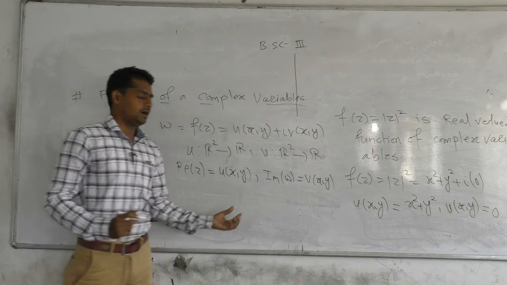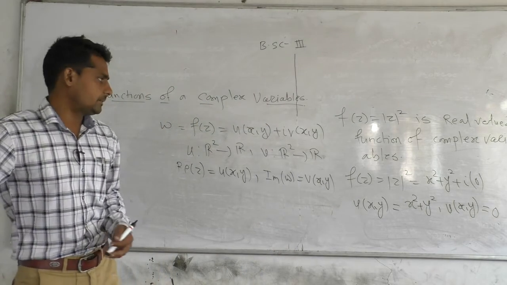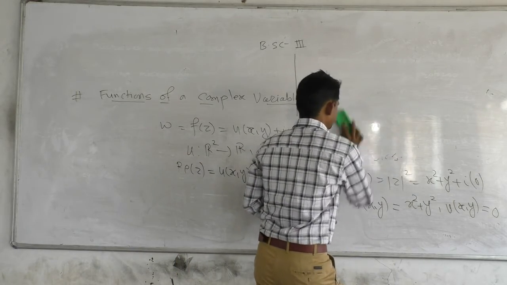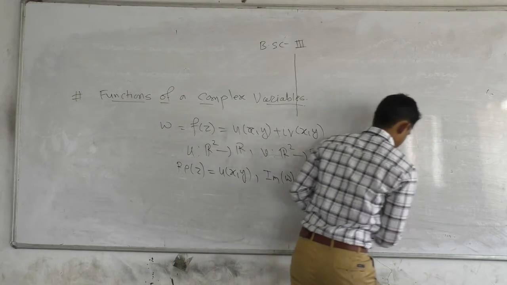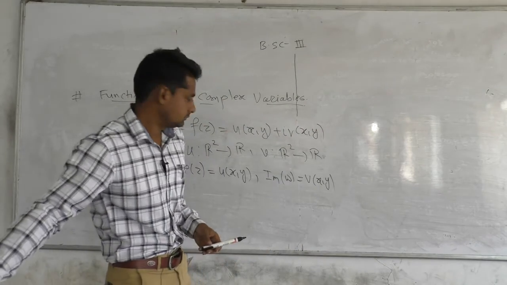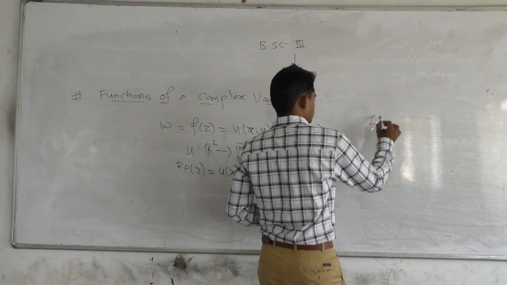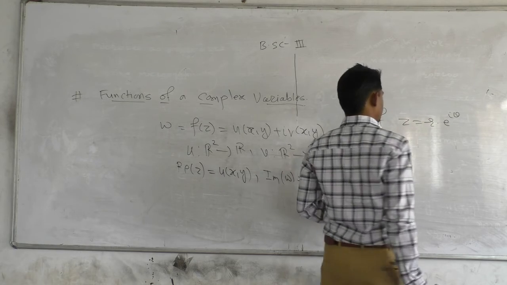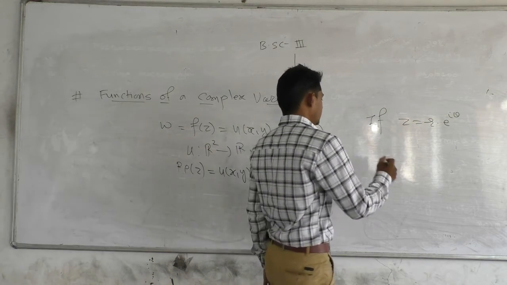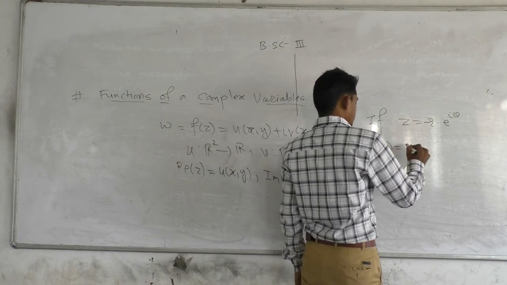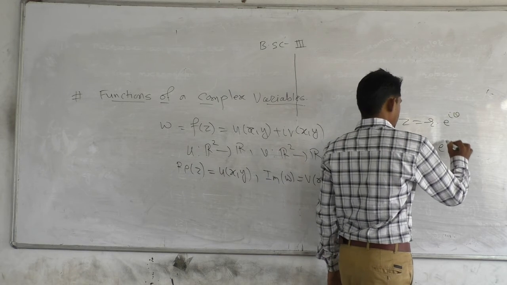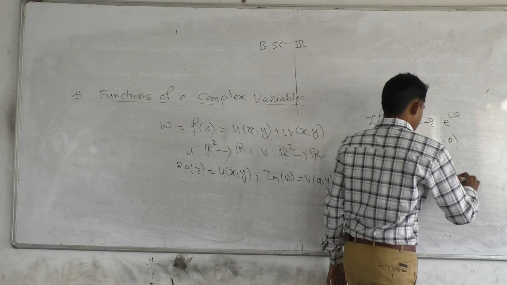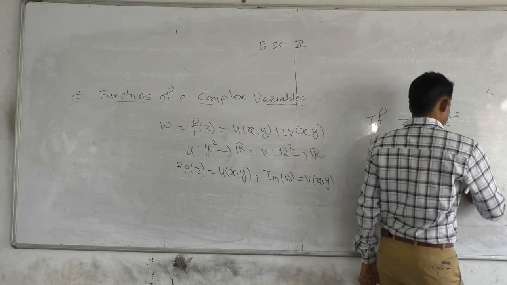When the complex number is defined in polar form, if z is equal to r e raised to i theta, then f of z is equal to f of r e raised to i theta, which is equal to u of r,theta plus i v of r,theta.